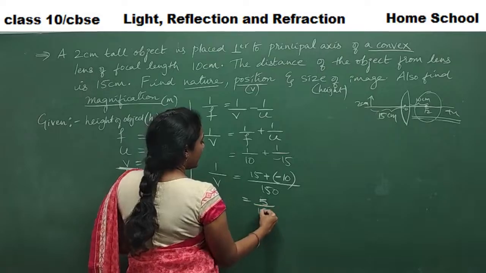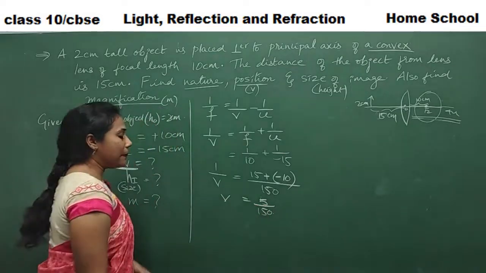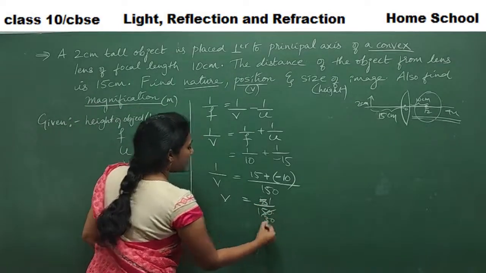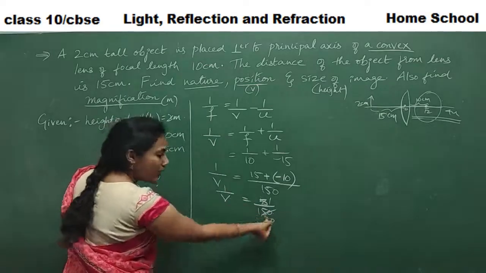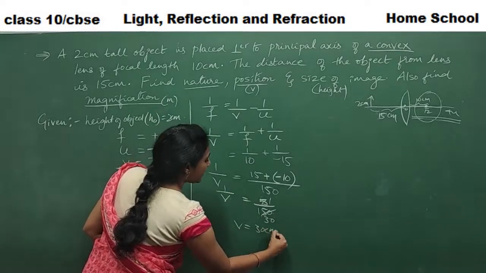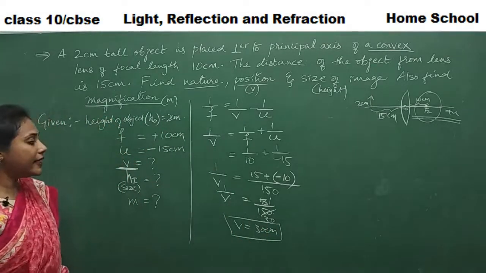So 5 by 150. 1 by V is equal to 5 divided by 150, so you will get 1 by 30. So V is equal to 30 centimeter.